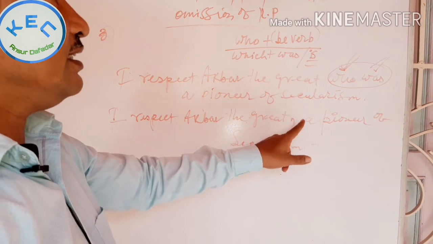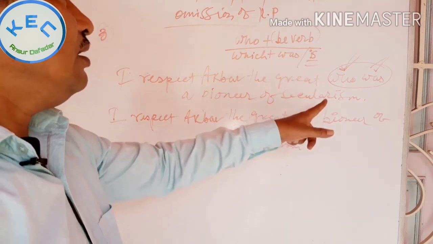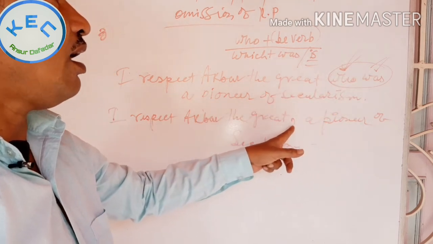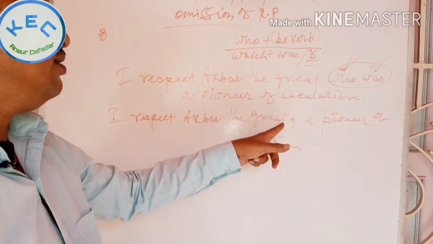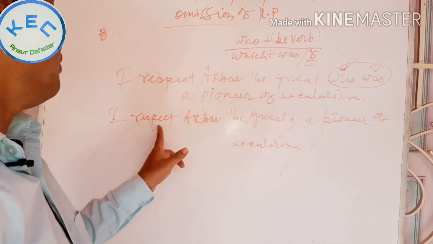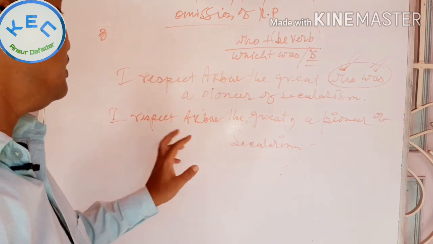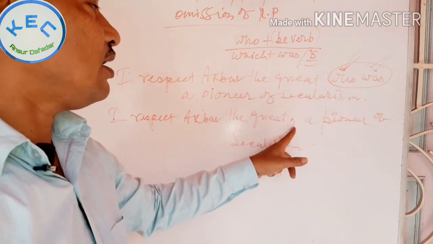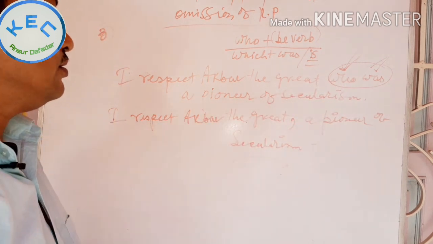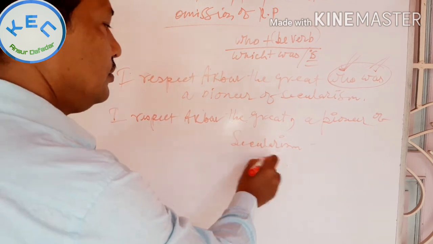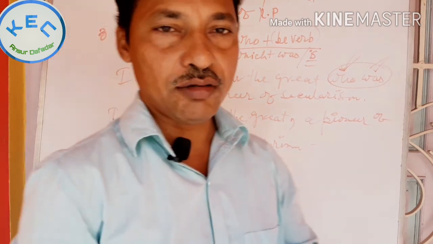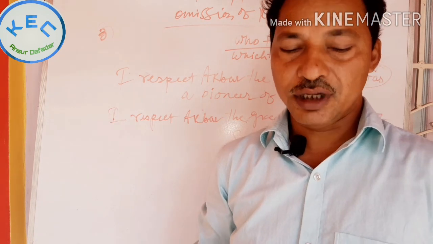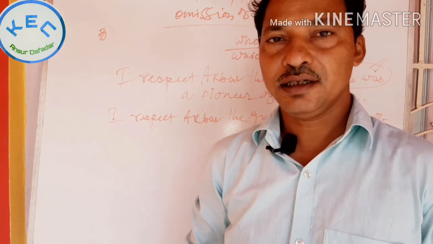And in this case, after omitting these two, a comma should be placed beside the object. After omitting this, a comma should be placed. So this is all about in which situations we can omit the relative pronouns.